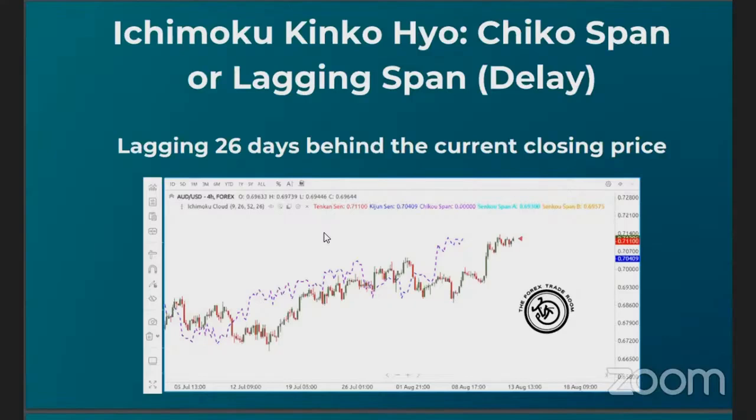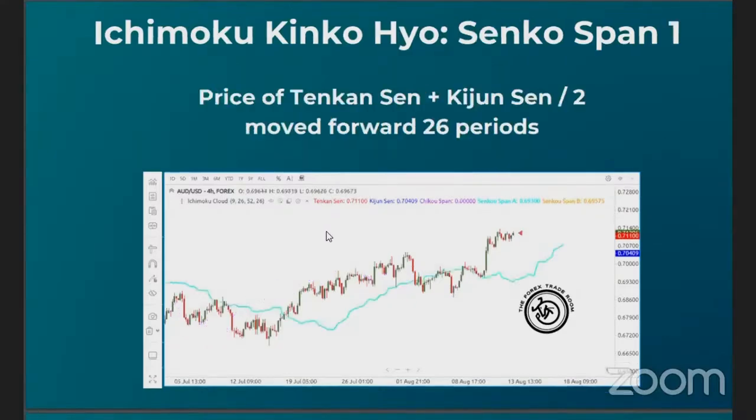Now let's talk about our next line. We've gone through 3 so far. We said there's a total of 5 that make this up, just a series of lines that all come together to form the Ichimoku Cloud. We have what we call Senkou Span 1.